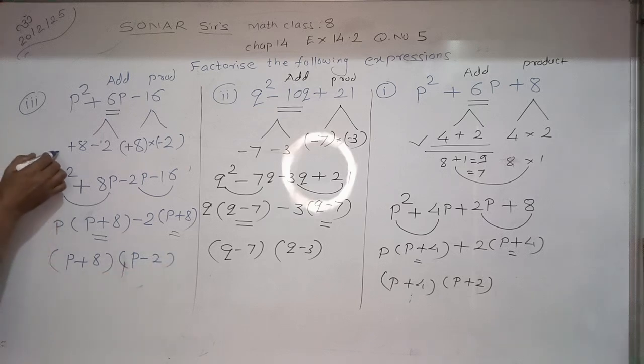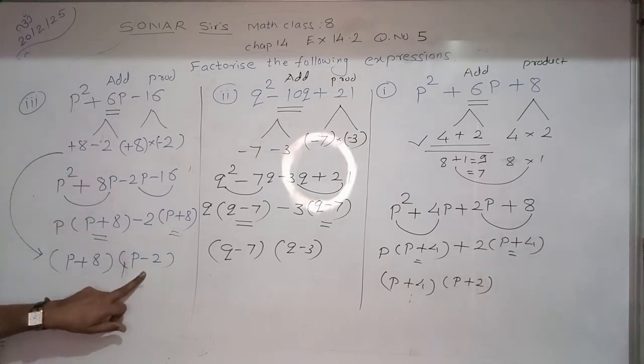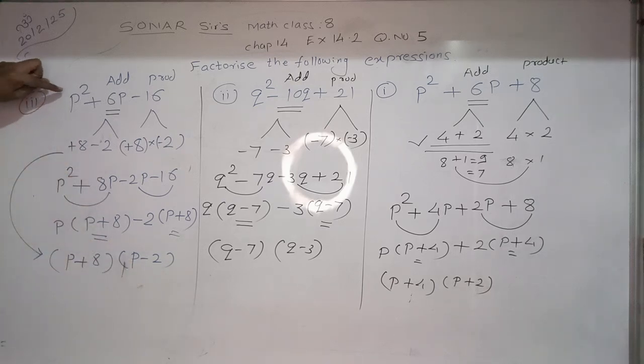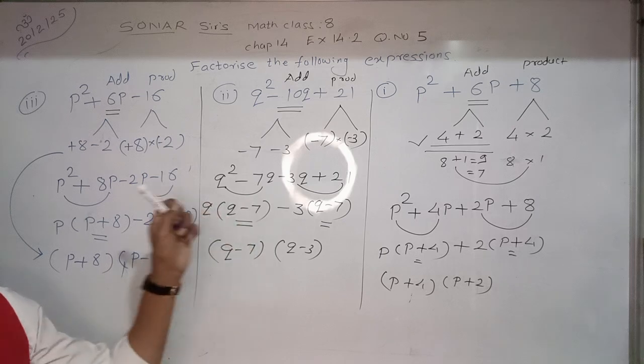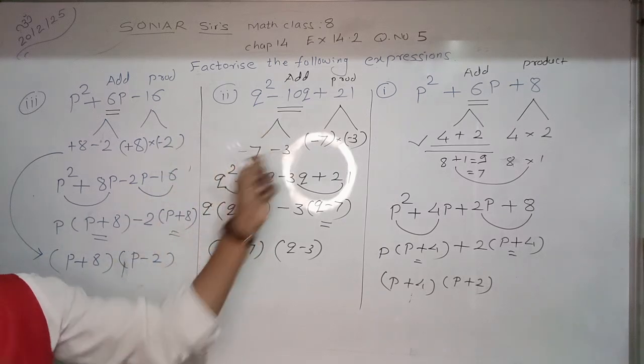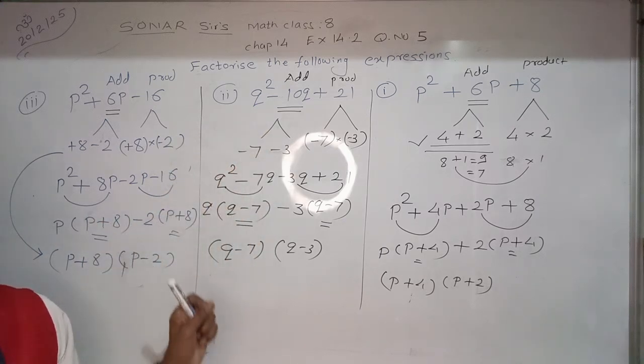As per our discussion, we can directly take these terms with their signs, so p plus 8 and p minus 2, but only when the coefficient of the square term is 1. So in this way we can find the factors of the quadratic expression by the middle term separation method.